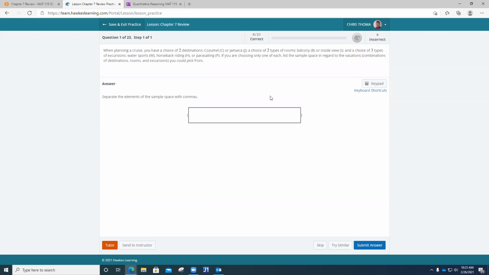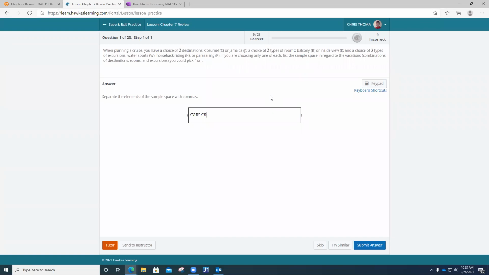So we have the first destination, and then we can have a balcony, and we could do water sports, or we can do the destination inside view. I'm sorry, I'm going to stick with all the balconies first.